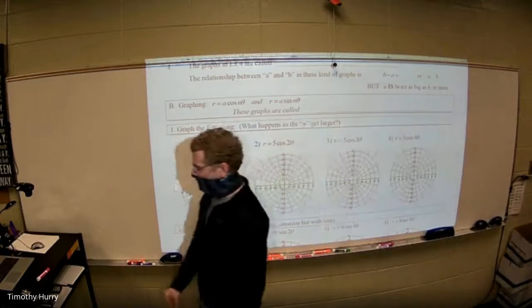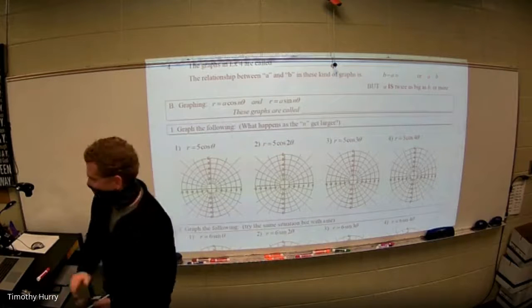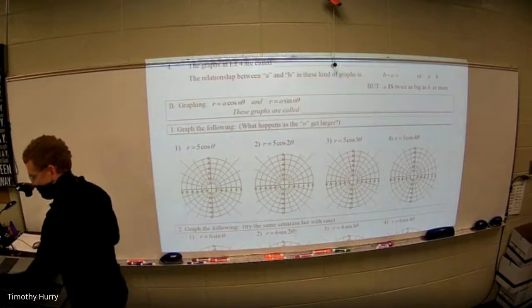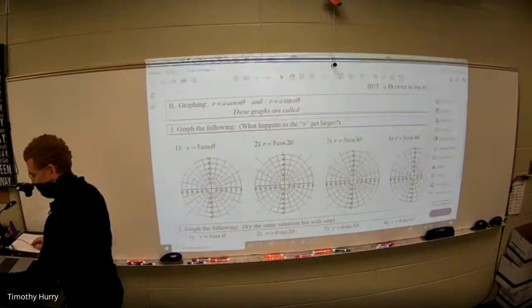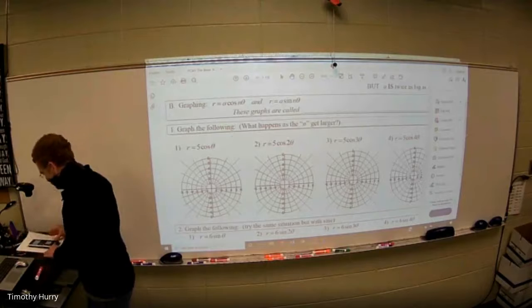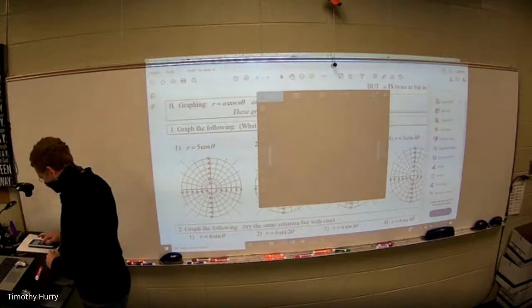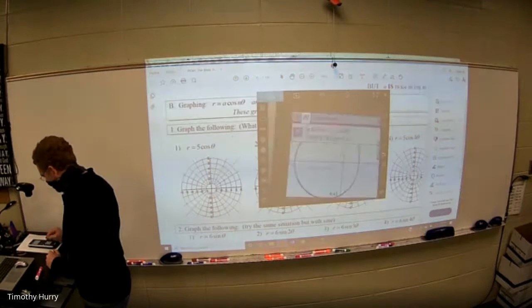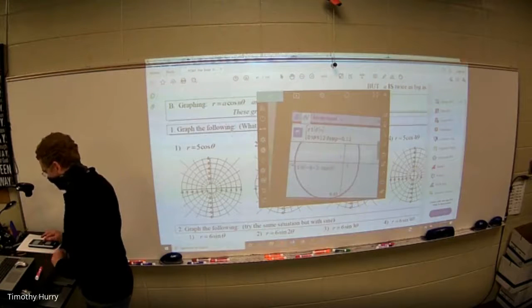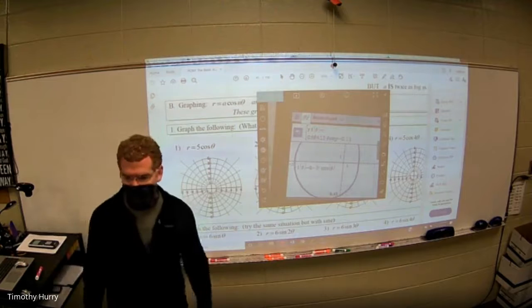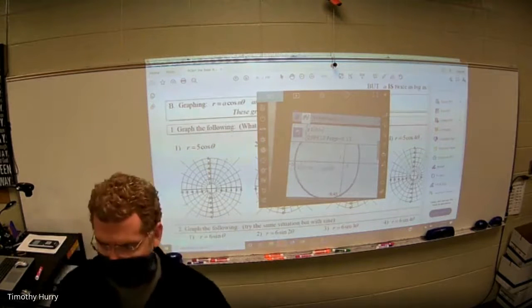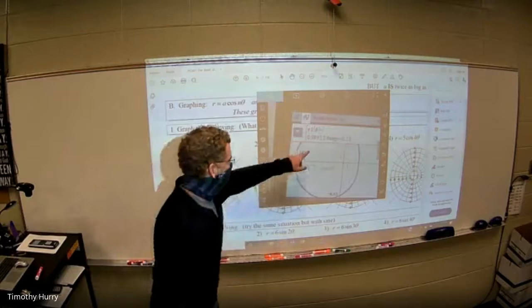If you want to take your calculator out, you can, and go back to the polar graphs. So pull up my screen so you can see it. I've got my calculator in radian mode, and I'm just going to leave it all in radians because every time I do a new graph, it defaults back to that 0 to 6.28 thing.